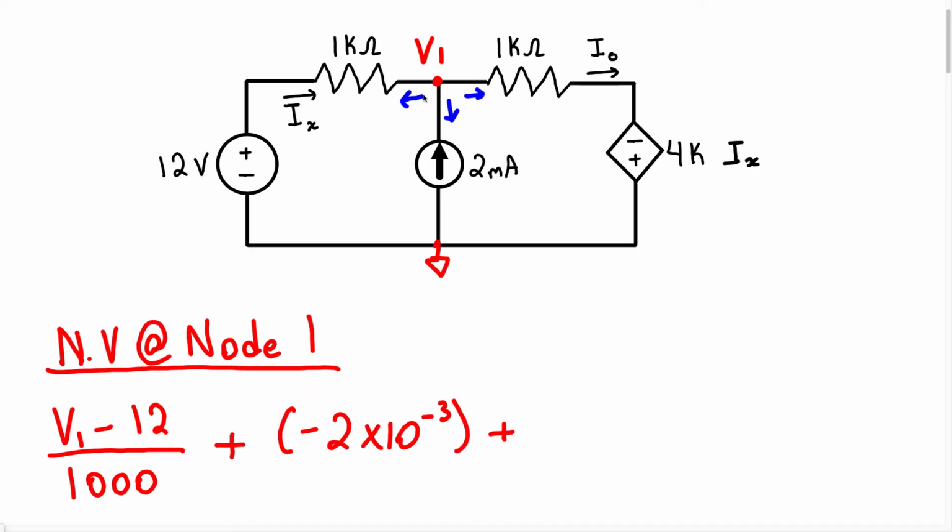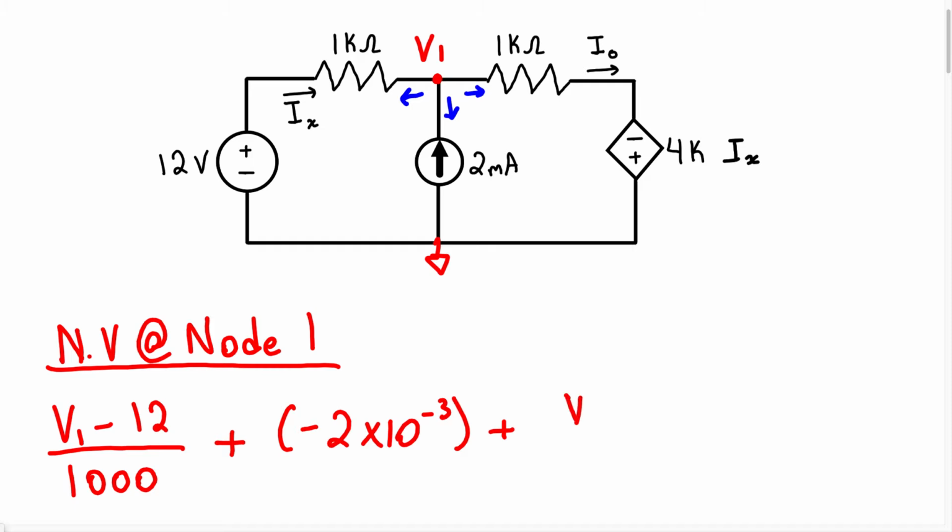Plus, we have a current flowing away from this node here. So to find that current, we have to find the current in this resistor. So we're going to say V1 minus this voltage source. That's going to give us the value of the voltage across this resistor. And then we're going to divide it by 1000 to find the current.